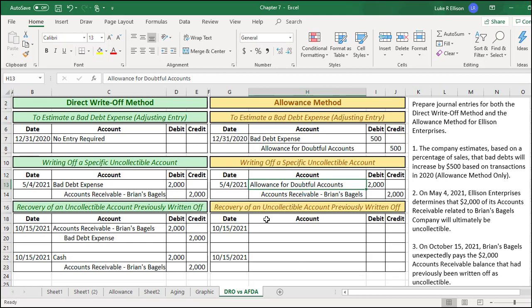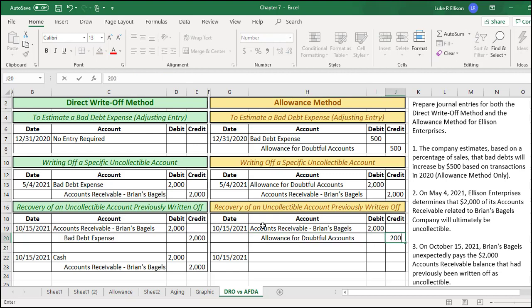We're going to be reinstating the accounts receivable by debiting it for Brian's Bagels for $2,000. And we need to reverse the allowance for doubtful accounts, also for $2,000. And the final entry is going to actually look identical. So we're still going to use cash since we are getting that from the company now, and we are closing out the balance for accounts receivable related to Brian's Bagels.